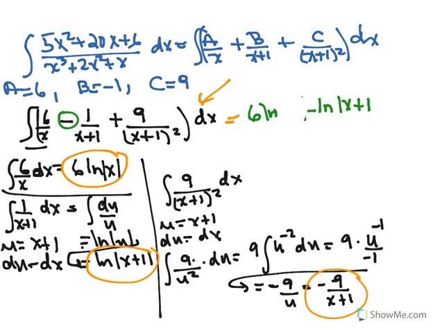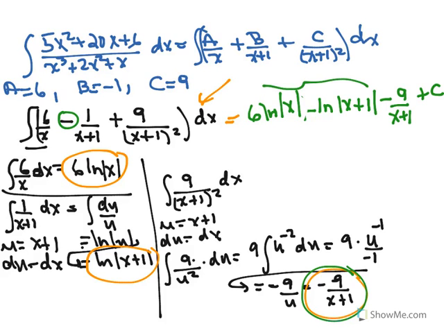This is ln of absolute value of x. That ln didn't get written very clearly. And minus, and now I'm going to write this in right here, 9 divided by x plus 1 plus a constant. Okay?